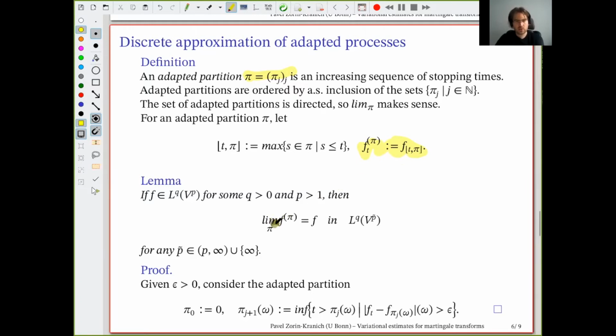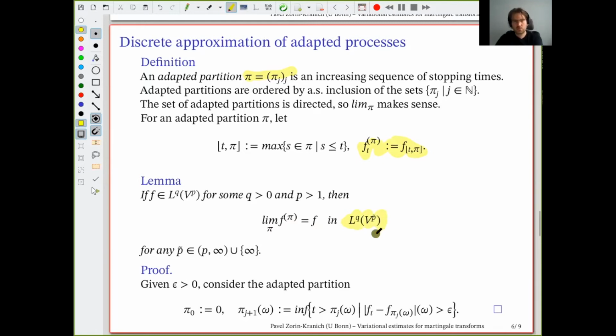And then it turns out that these discretizations converge to the original process in a certain sense, which is sometimes called the refinement sense. So there exist arbitrarily fine partitions so that the discretized process is close to the original process, and the important thing is the space here.